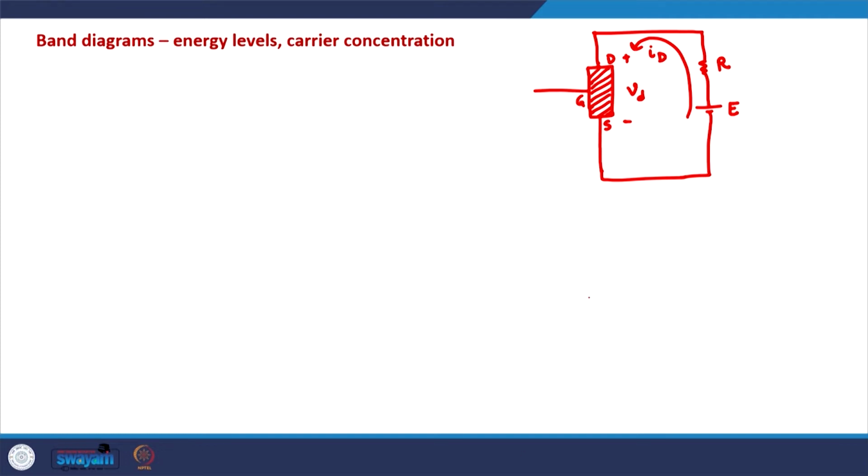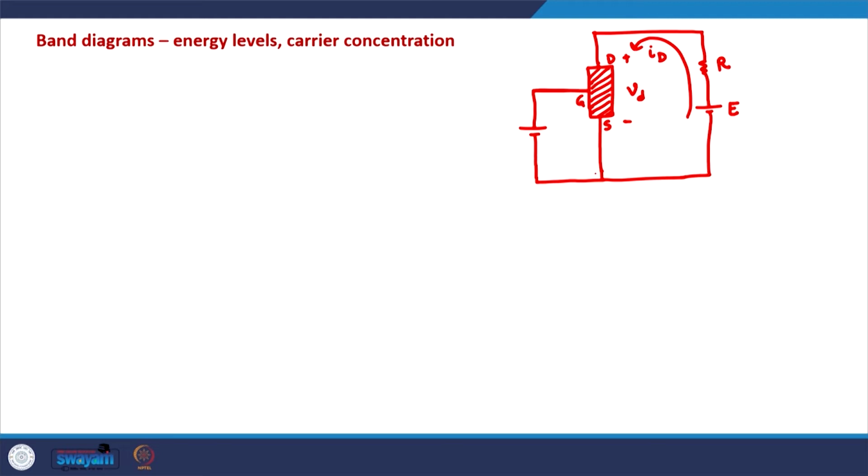We are not going into the internal mechanism of current transport in the MOSFET. We are just trying to understand how the amplification is achieved. On the gate terminal, we can apply a voltage. So we can apply a separate battery here, connect it to the source, and this can be grounded. Generally, this ground is not shown explicitly, and it is understood that the negative terminal of the battery is at ground.